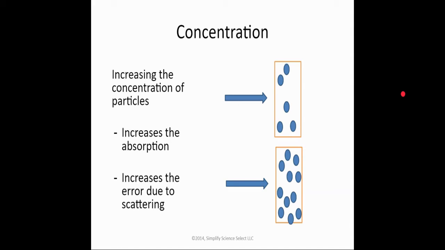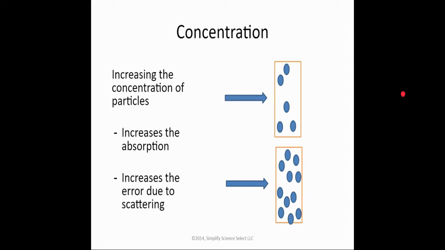If we send our light through that top cuvette, then it has a less likely chance of being absorbed by the moles because there's less of the moles of solute in that solution. So the absorbance would be much lower if we compare to the bottom box. By increasing the concentration, we're going to increase the likelihood that the light source is absorbed by the moles of the solute. So the absorbance would go up.